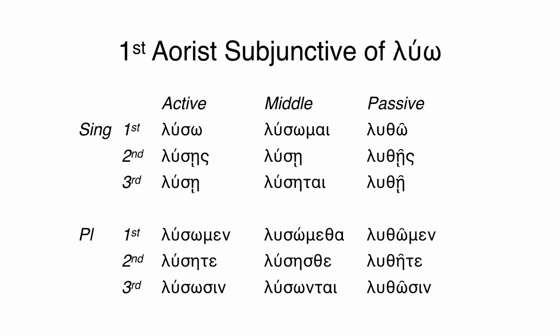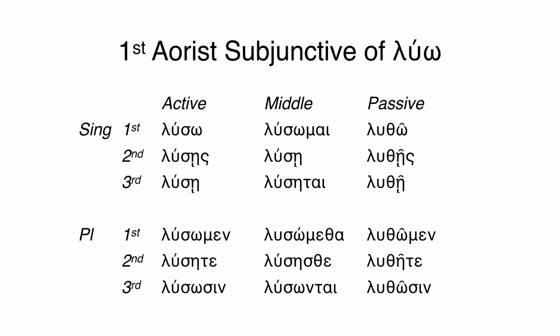And so for the active forms we see luso, luses, luse, lusomen, lusete, lusosin, or liso, lisis, lisi, lisomen, lisite, lisosin. For the middle forms, lusomai, luse, lusetai, lusometha, lusesthe, lusontai, or lisome, lisi, lisite, lisometha, lisesthe, lisonte.